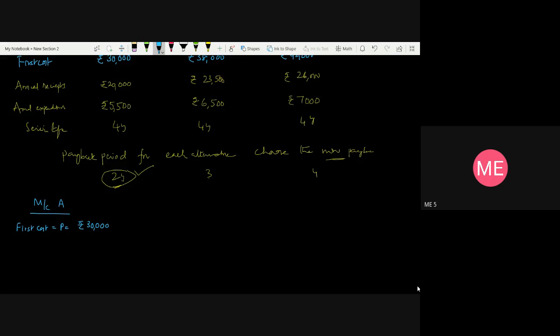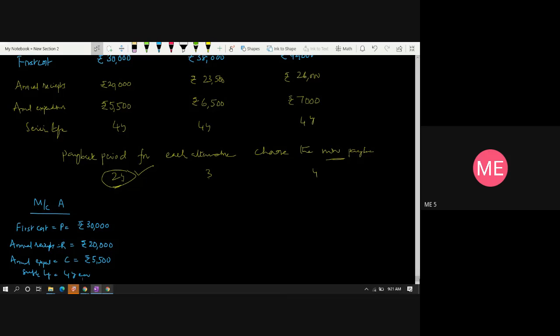And annual receipts, which is the revenue, R, I can take as rupees 20,000, and annual expenditure or cost, C, is rupees 5,500. And service life is given as 4 years.